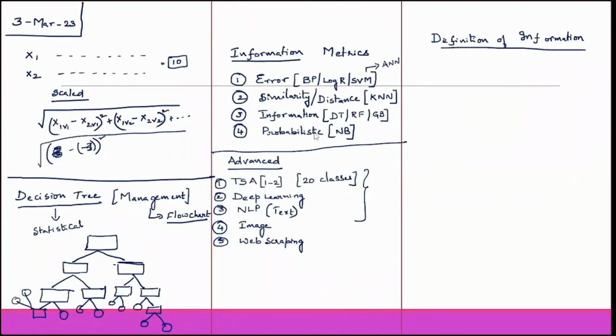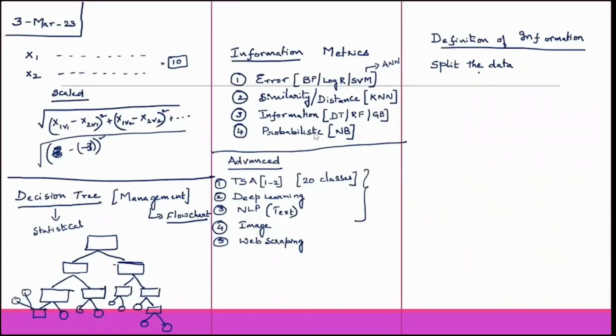There should be some measure for it, because the entire work of decision trees relies on the ability to split the data. We are saying we will split the data based on the information. So what is that measure of information?